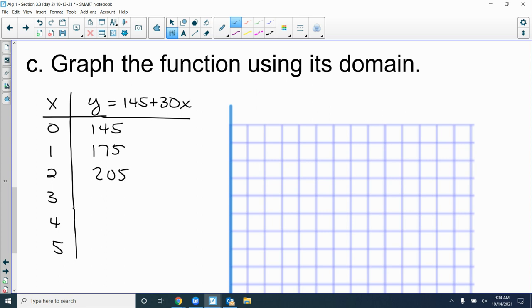Now, guys, from this point on, couldn't you just add 30 to your answer? You don't have to plug that in every time. It's going up 30 each time. So what would 3 bags cost? 235. How about 4 bags? And then 5 bags, which is your limit? 295.